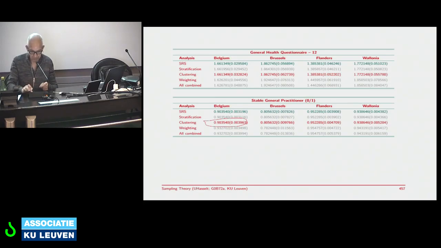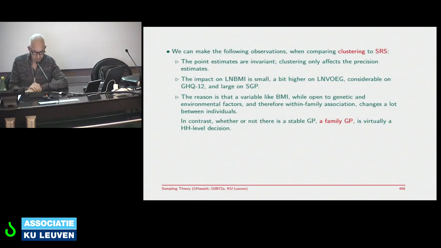All right. So you do see also that the effect of clustering is different for variable to variable. So there's no such thing like a common effect of clustering on all of the variables. No, stable GP may well be a family-related decision, whereas body mass index, yeah, there may be genetic features, etc. playing, but there is also a strong individual component.